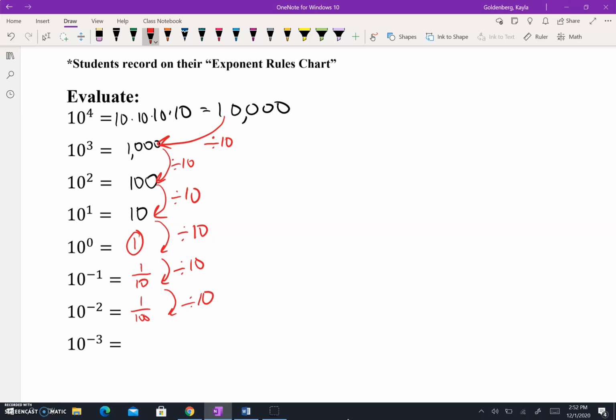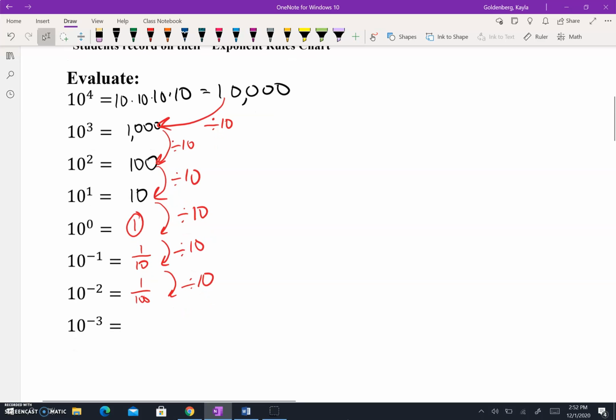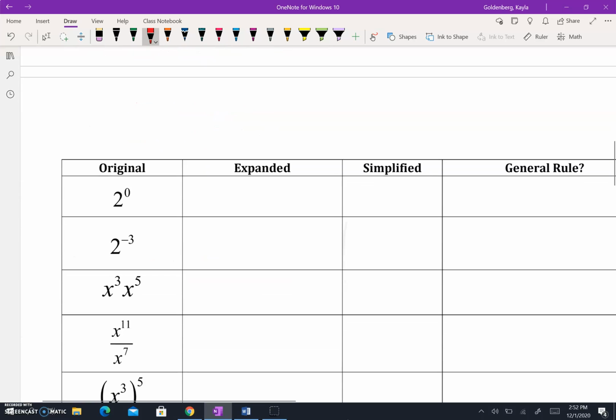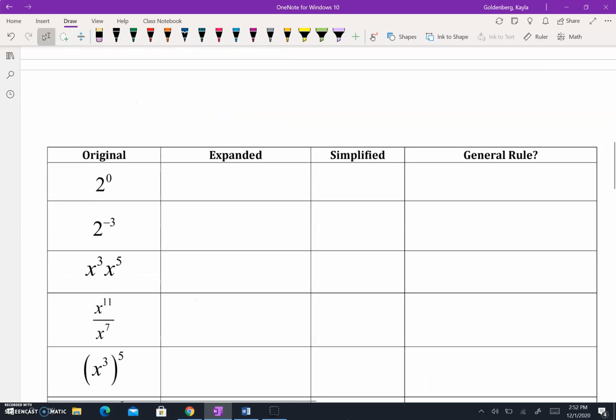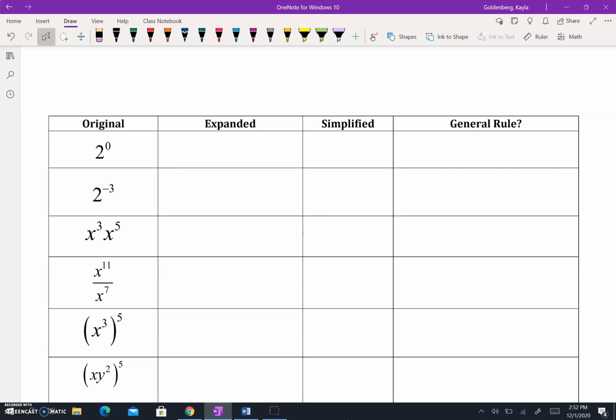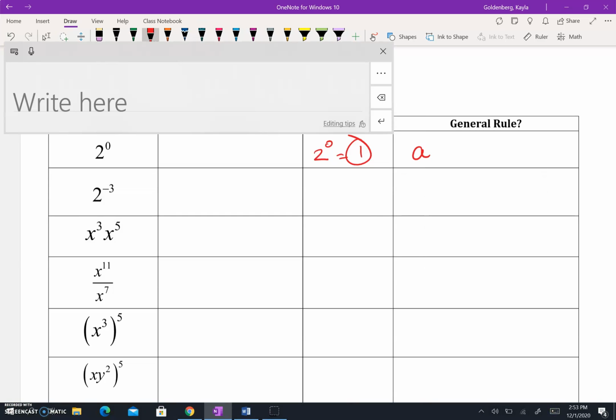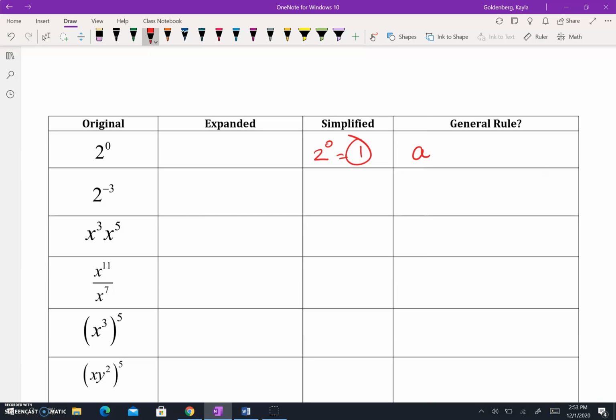So what we're noting here is something for these couple that we're going to be thinking about on our chart. So when you do 2 to the 0, there's not really a way to write expanded for this one. That one doesn't really have anything. In simplified form, 2 to the 0 equals 1. And the general rule is anything, and so I'm going to note that by an A, and say A to the 0 is 1.